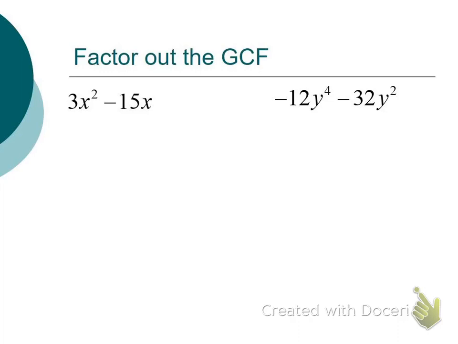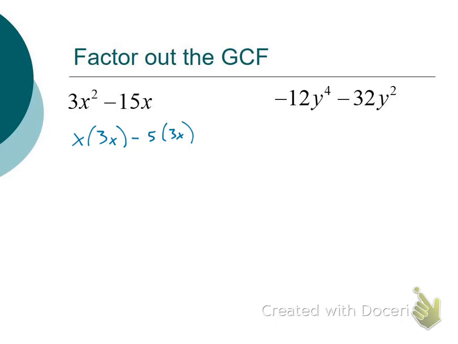We know from all of our factoring up until this point that the greatest common factor between 3x squared and 15x is going to be 3x. That's because I can divide a 3x into both of these. What we can do, and don't normally do, is rewrite these two terms with that greatest common factor. I could rewrite that first term as x times 3x, and the second term as 5 times 3x.